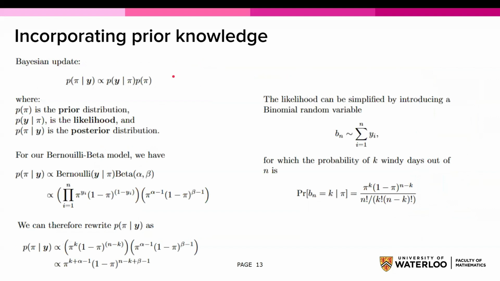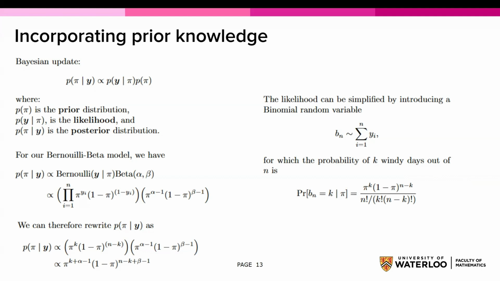Okay, so we've represented the prior knowledge, but now we need to incorporate it into our estimate of pi. We need to kind of merge our observations with that representation of our prior knowledge. And so in machine learning, Bayesian updating is a process that allows us to do that.